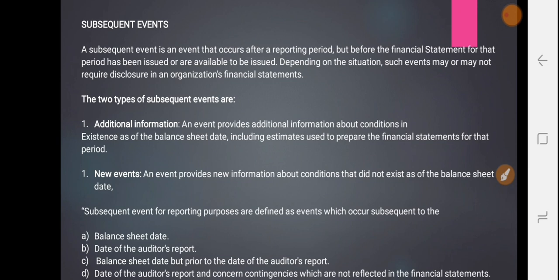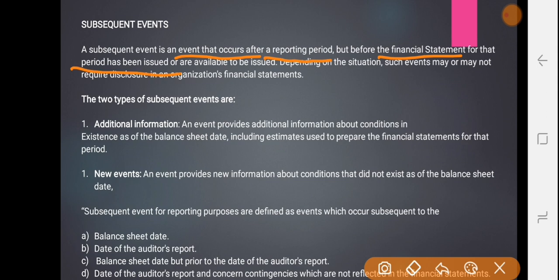See, a subsequent event is an event that occurs after the reporting period but before the financial statement for that period has been issued or is about to be issued, depending on the situation. Such an event may or may not require disclosures in an organization's financial statement.